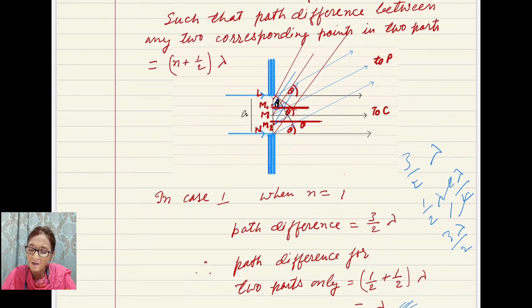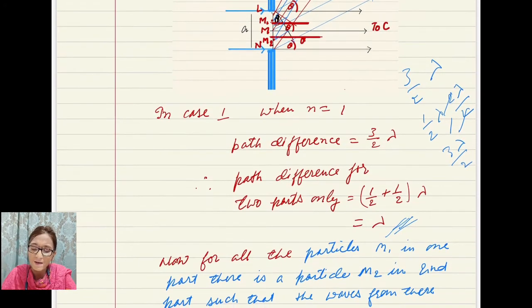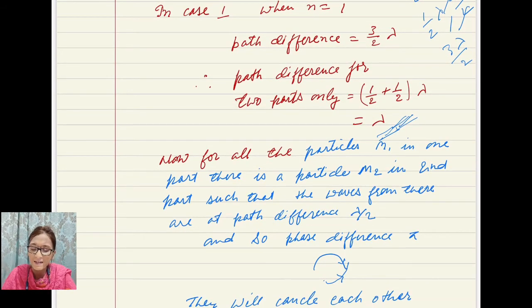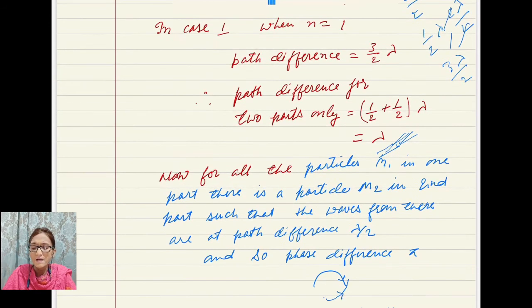Okay, this is your lambda. Then if you divide this lambda into two parts, you will find that the path difference becomes lambda by 2.